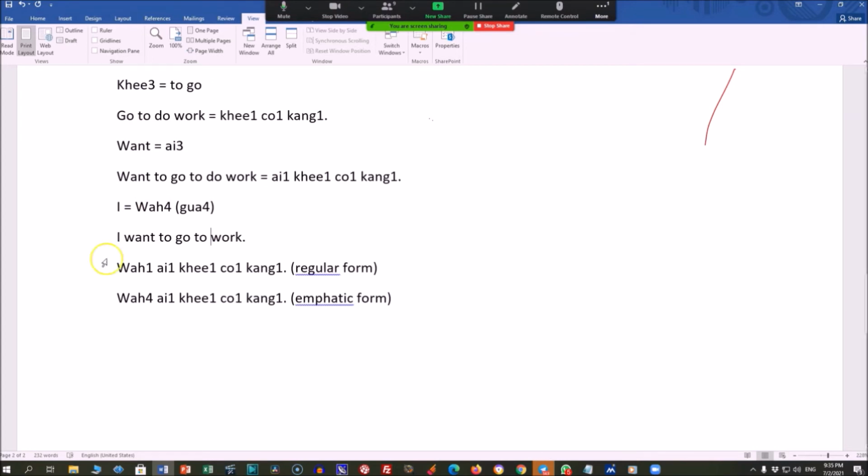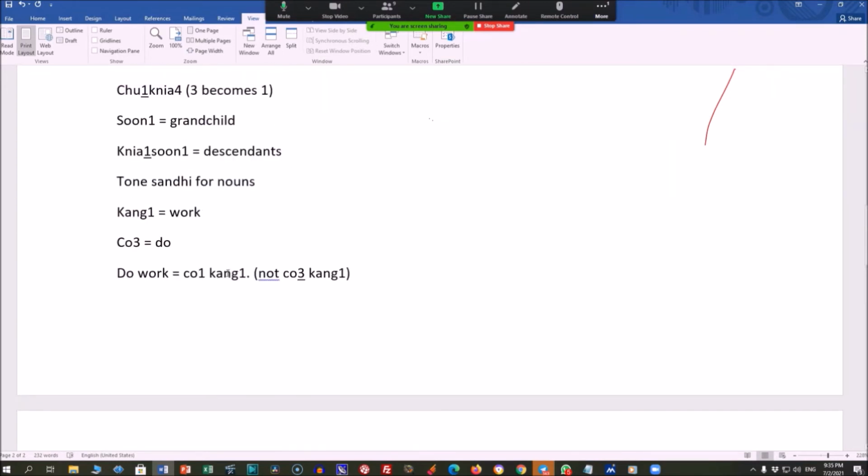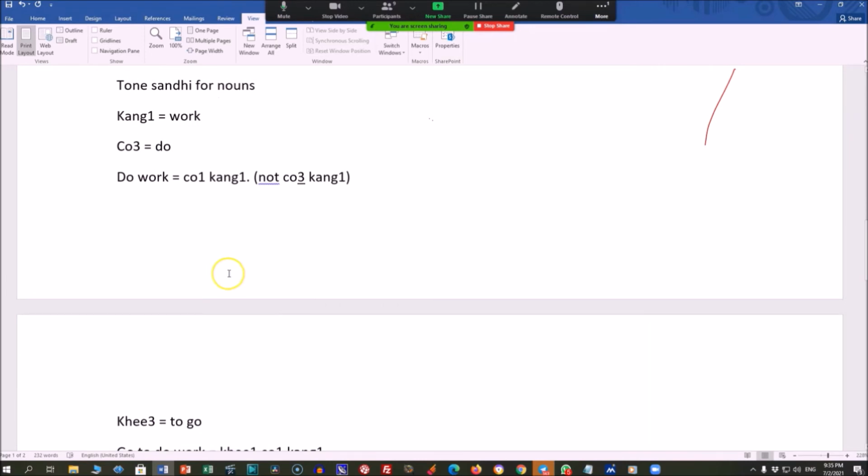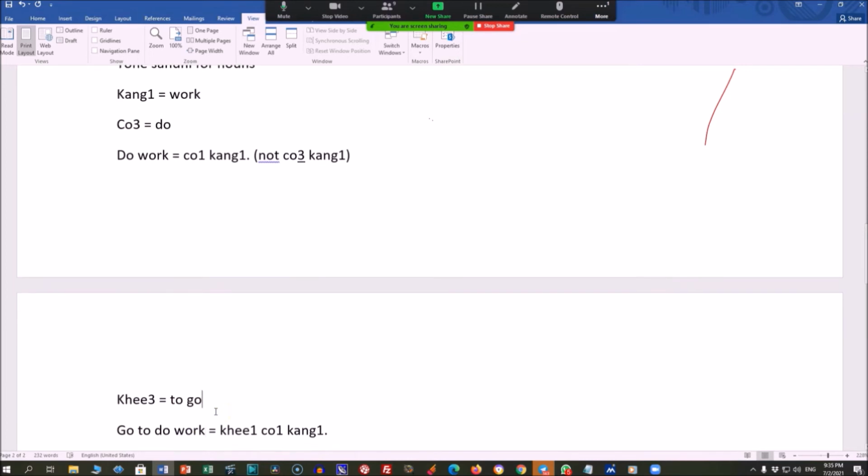So when you change from the regular form to the emphatic form, you move from the citation tone back to sandhi tone and then back to the citation tone again. So wa is the form that you get directly from the dictionary, and it goes back to that form again for the emphatic form of the sentence.